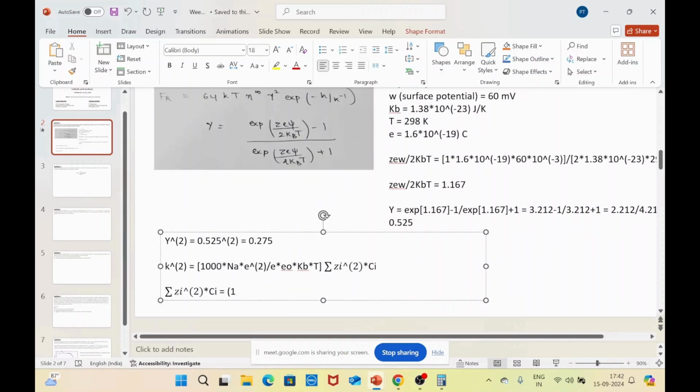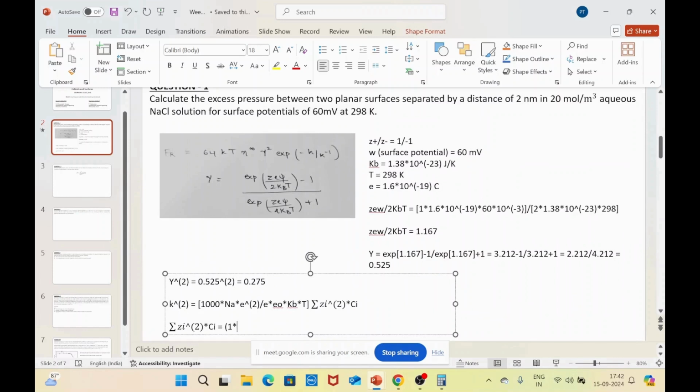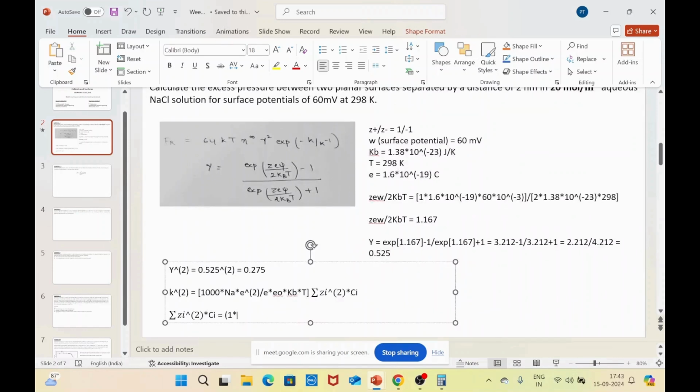So 1 square is 1, times the concentration is 20 mole per meter cube, plus, for the anion it is minus 1 whole square times 20.